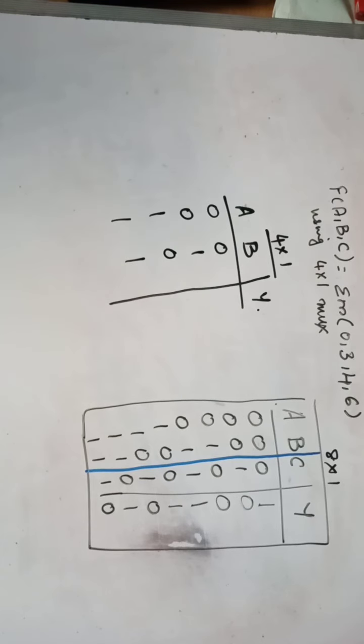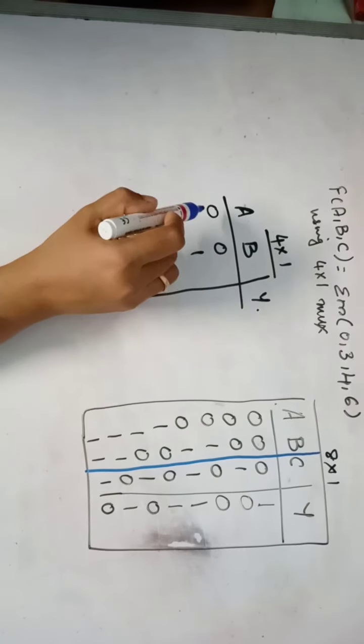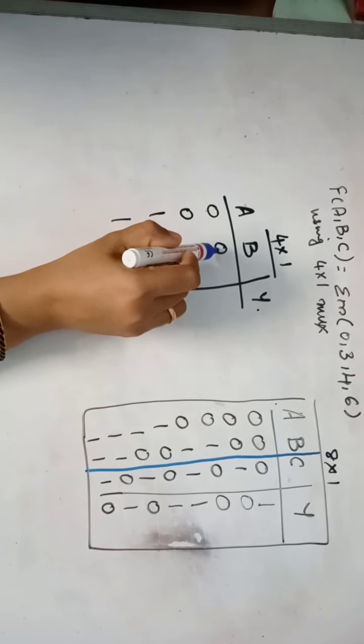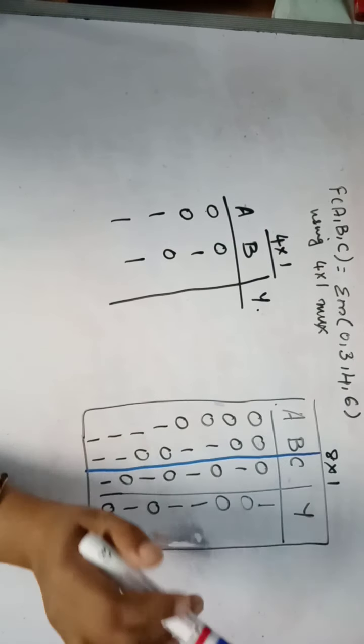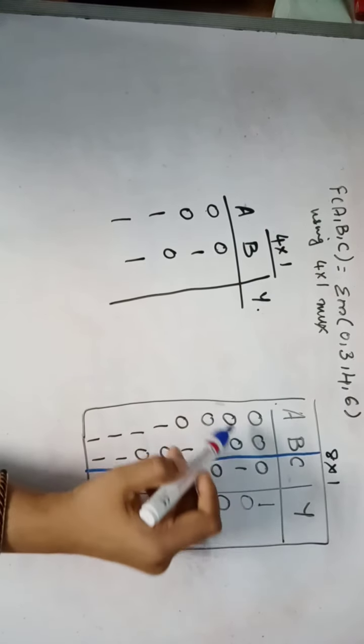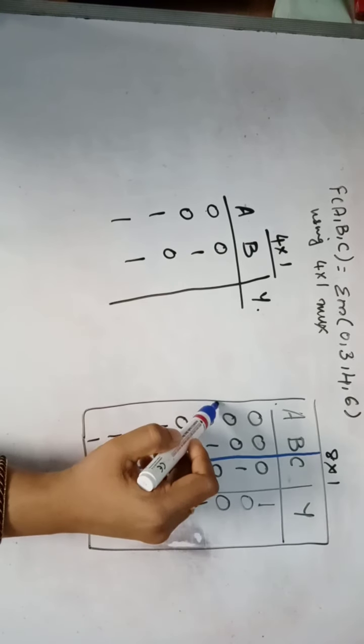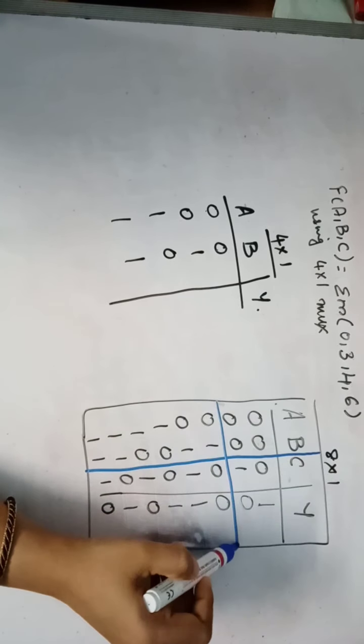What we'll do is, wherever we have A0, B0, we will take. In the first 2 rows, you have A0, B0.